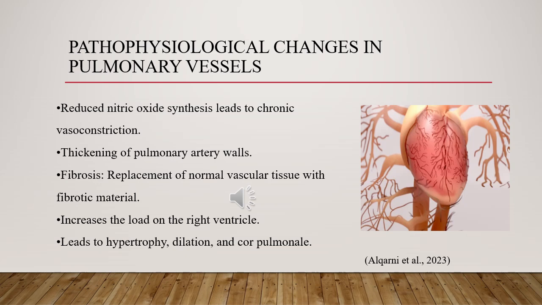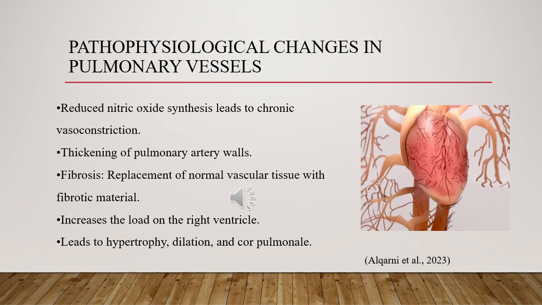Over time, the smooth muscle cells within these vessels proliferate, thickening the arterial walls and narrowing their lumen. The progression of these changes can lead to fibrosis, whereby normal vascular tissue is replaced with fibrous, non-functional material, further decreasing arterial compliance. As these pathological changes accumulate, they result in elevated pulmonary vascular resistance, increasing the load placed on the right ventricle of the heart.